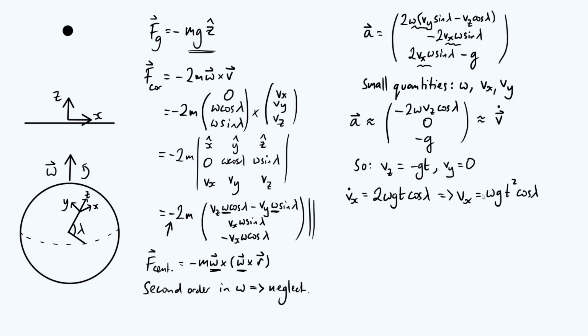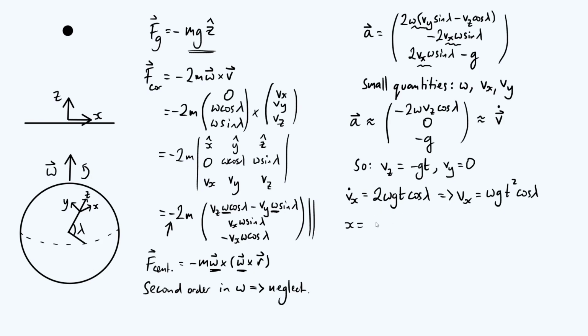Now we know all the components of the velocity, so we could integrate again to find the actual coordinates, right? So if we integrate this expression here for Vx, again we want to increase the power of t by 1. This time we're going to be dividing by 3.